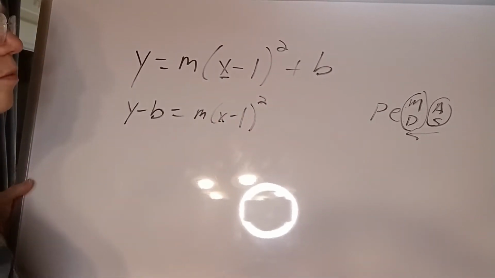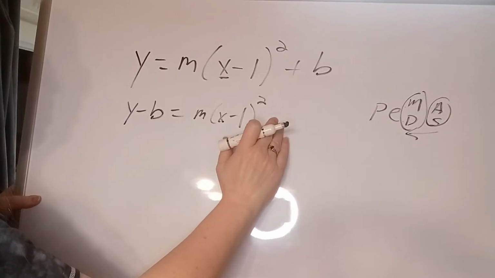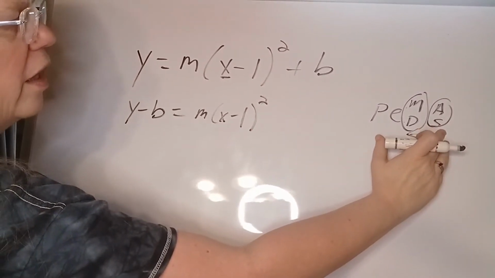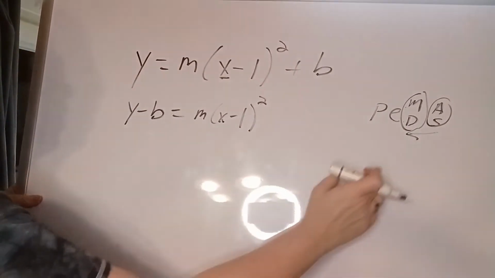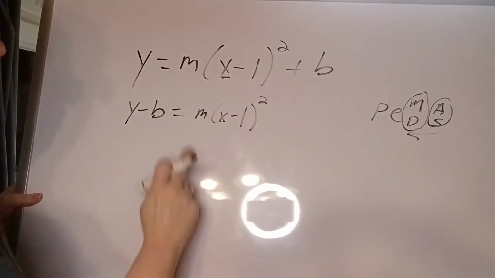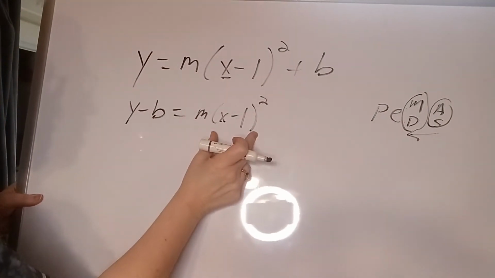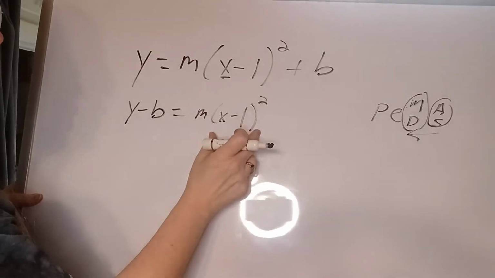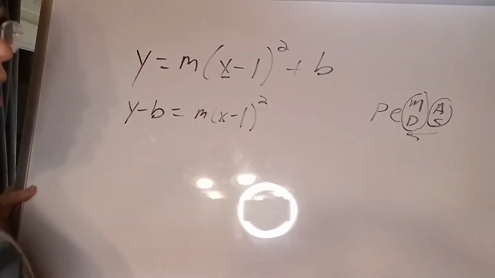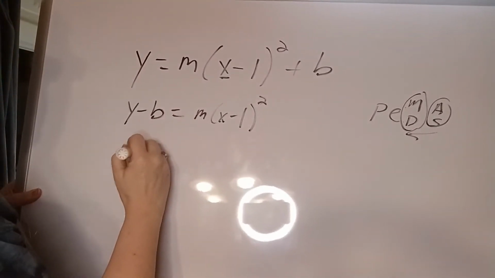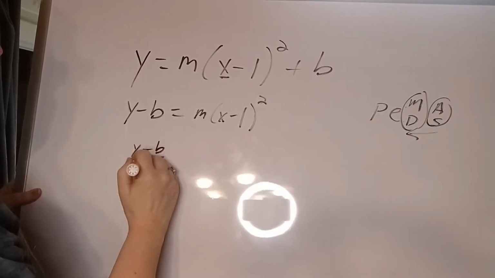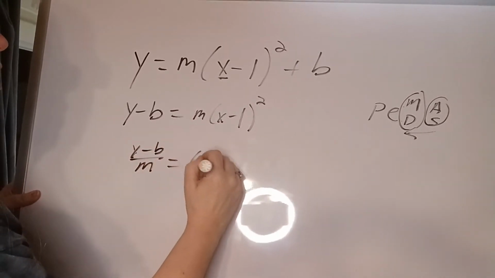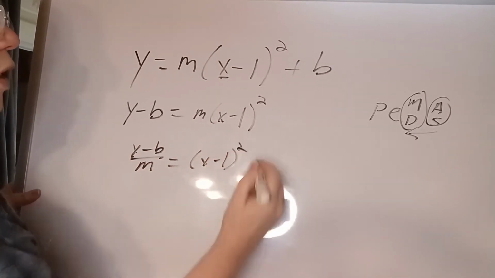So we've done as much getting rid of the adding and subtracting as we can. Now, multiplying and dividing. Well, we have this m multiplied times our parentheses, so we can do that one next. We're going to divide both sides by m. (y minus b) over m equals (x minus 1) squared.